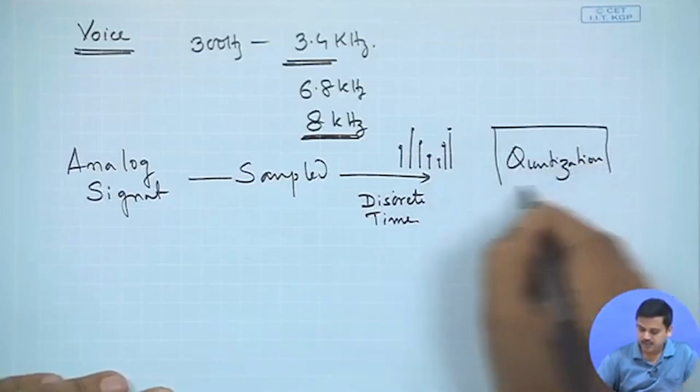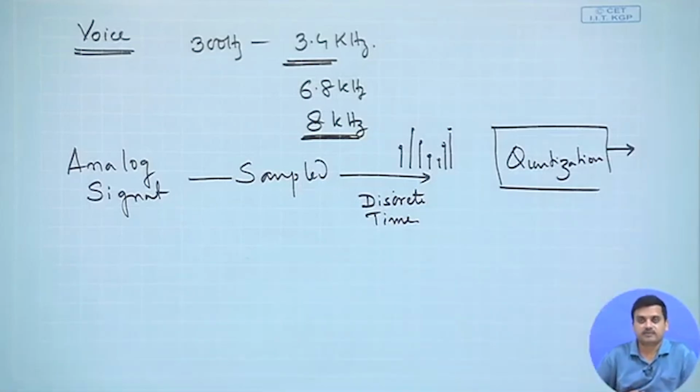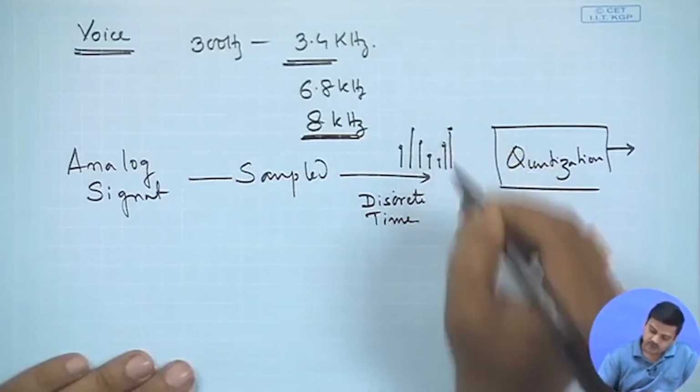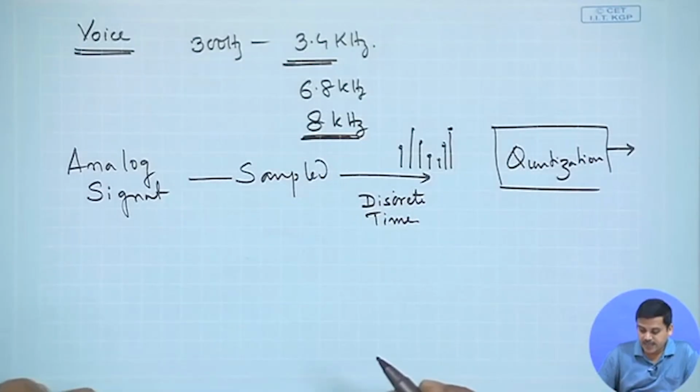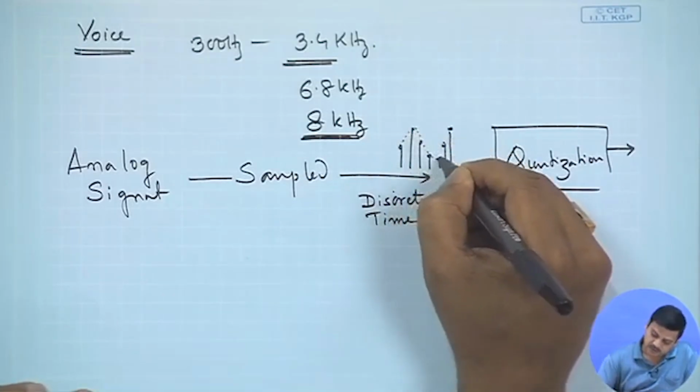is the next step which is used to generate sequences which have discrete values of amplitude. That means, why do we need so? If you would like to study that, what we have over here is a signal which can take any value.